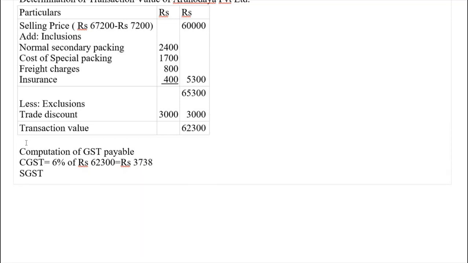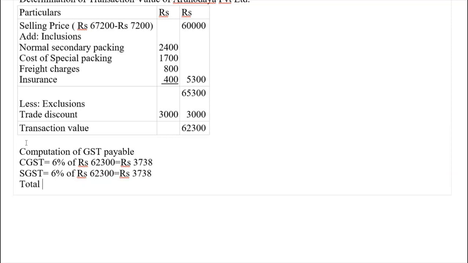Then SGST equals 6% of rupees 62,300, which equals rupees 3,738.